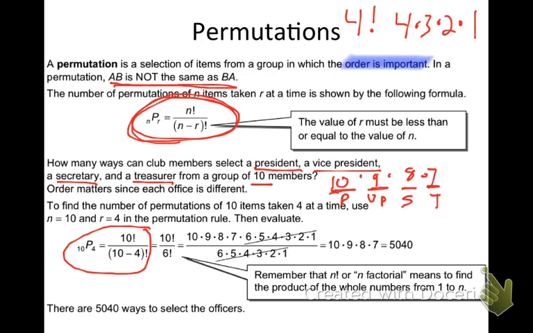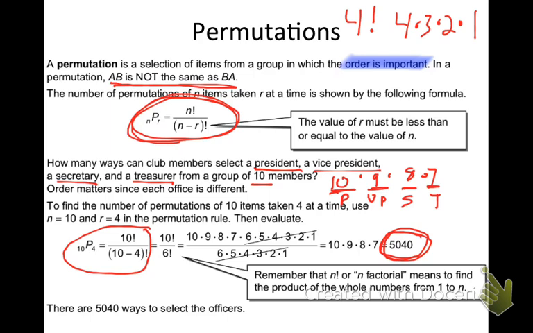So it's nothing more than 10 times 9 times 8 times 7. In permutation, those end ones will always just cancel off or be left out. And then when you think about that, there are 5,040 different ways for those 4 positions to be filled where order matters.